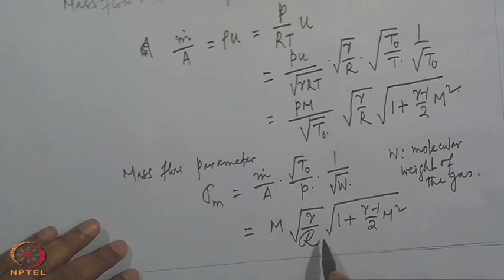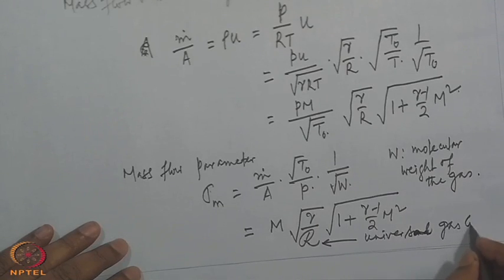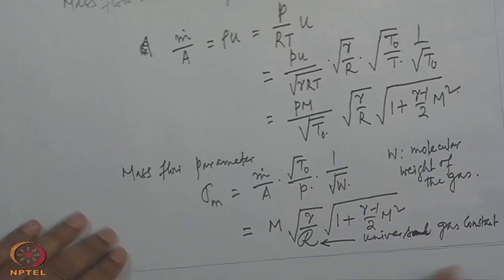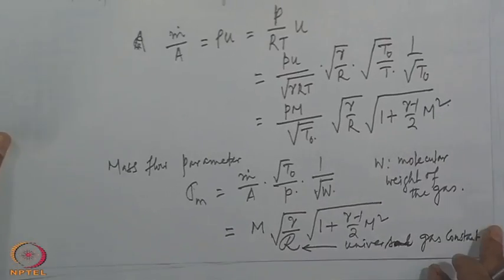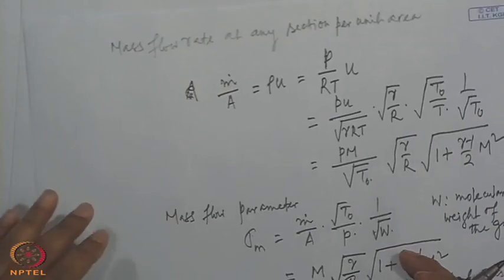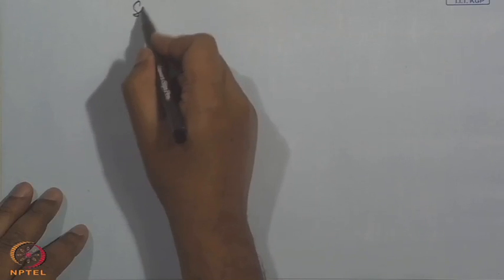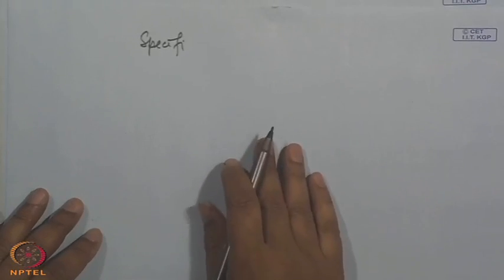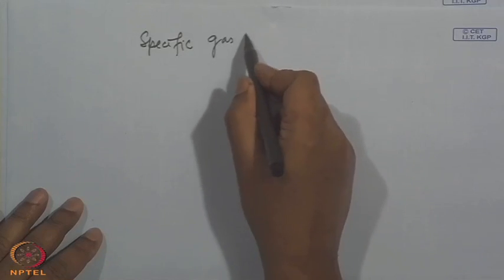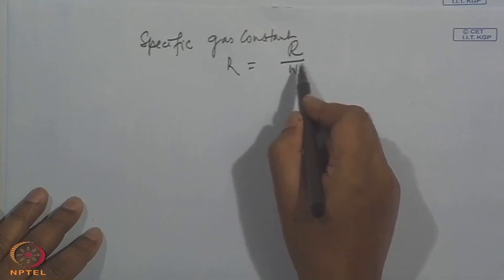R is now the universal gas constant, and the relationship between the specific gas constant R and the universal gas constant is that the specific gas constant is the universal gas constant by molecular weight.